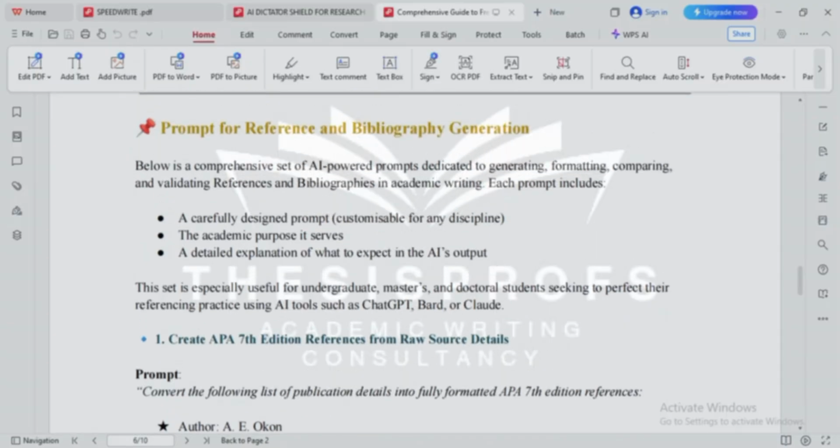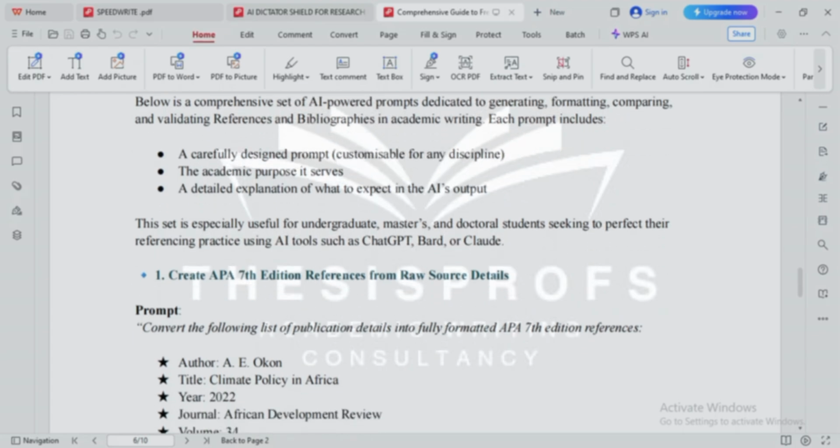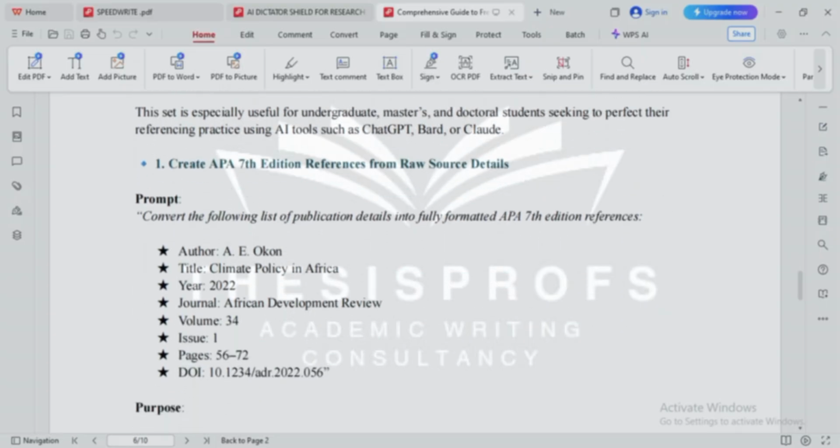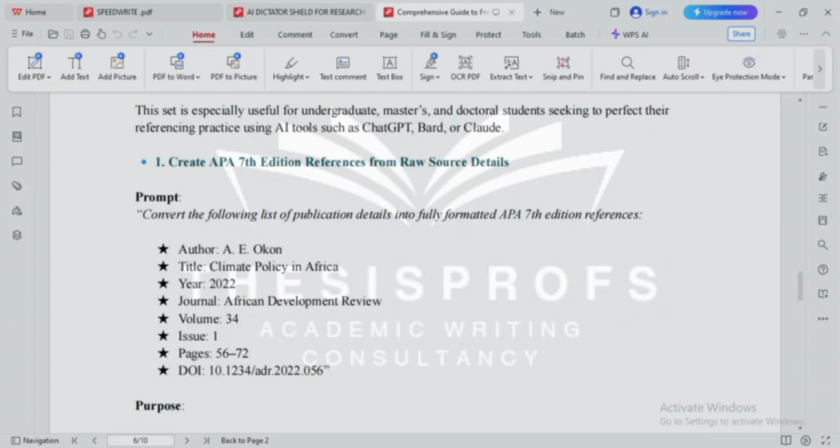Now you can see: create APA 7th edition references from raw sources. This is how you prompt the AI to generate the references for you. Convert the following list of publication details into fully formatted APA 7th edition references.